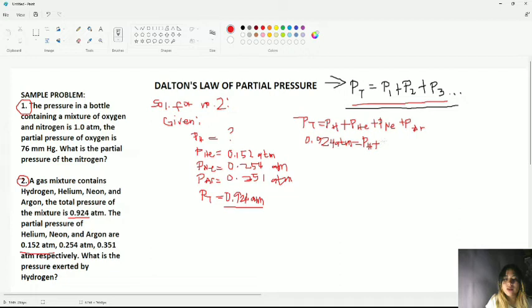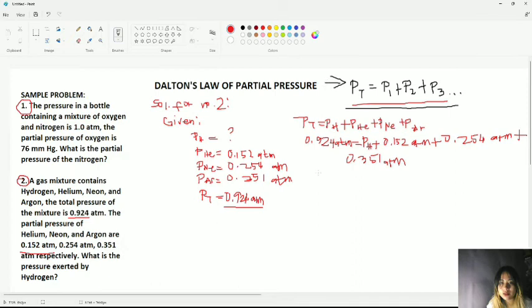Plus, yung value ng partial pressure ng helium is 0.152 atmosphere, plus kay neon is 0.254 atmosphere, plus kay argon 0.351 atmosphere.